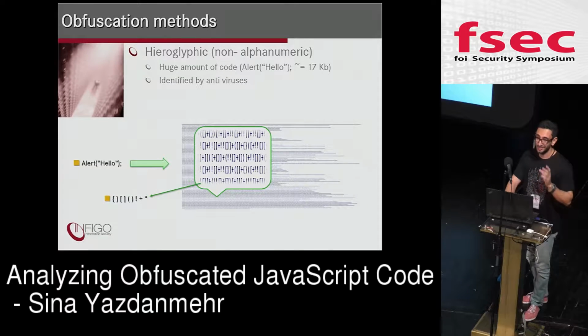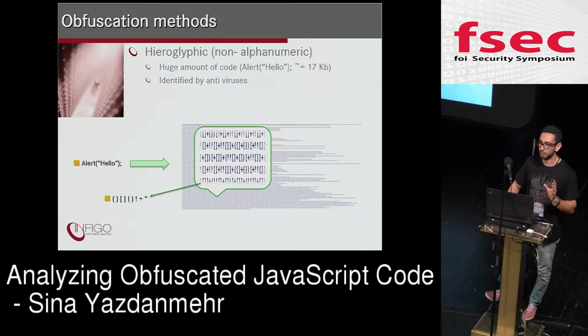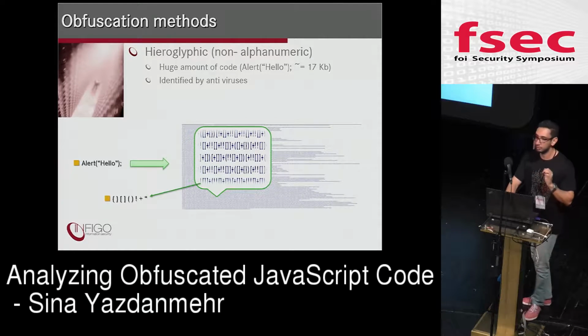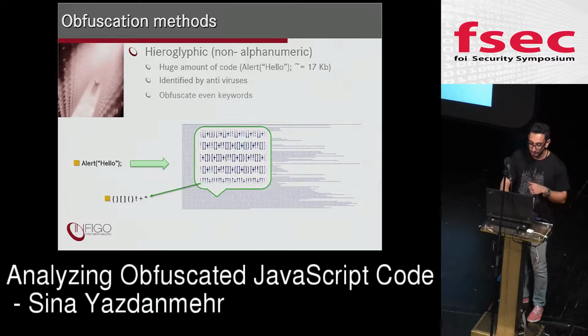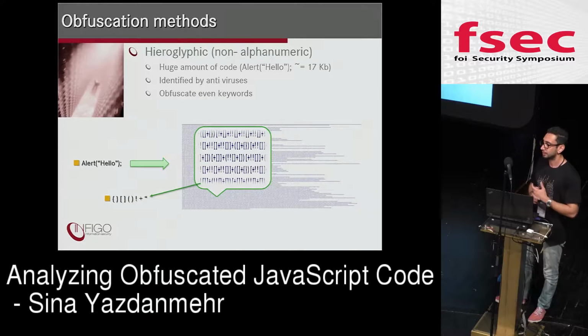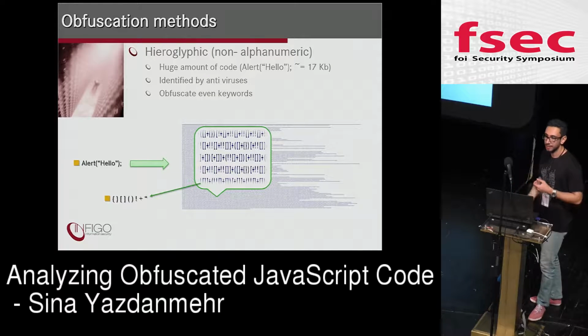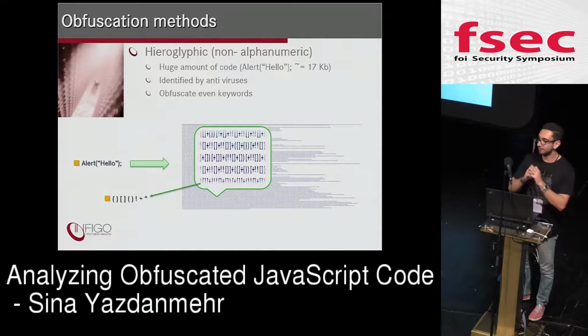On the other hand, since it's not normal and just uses some punctuation, it's usually caught by antiviruses and causes them to raise an alert. But it has an advantage. You can even obfuscate keywords, put them inside an eval function, and again obfuscate that eval function.